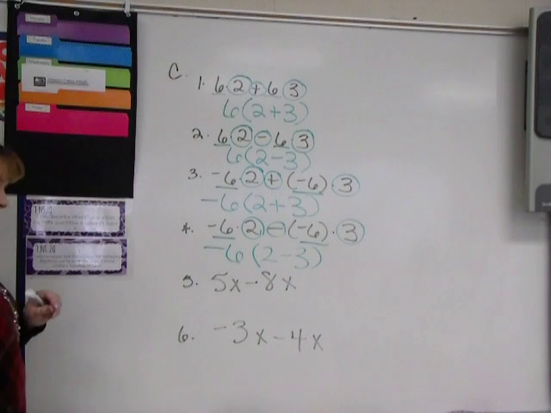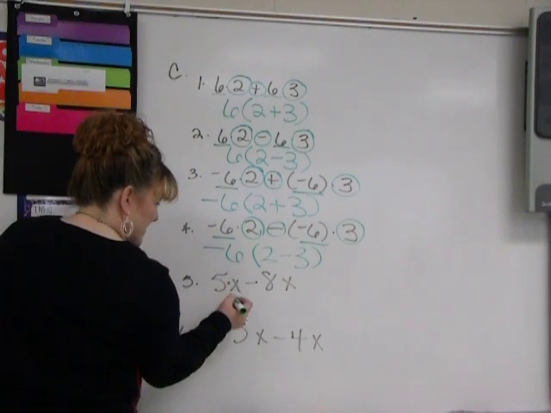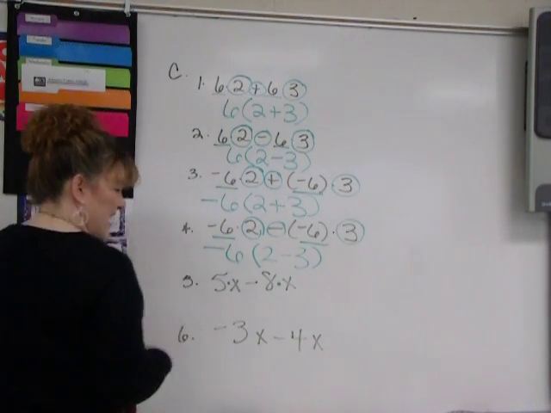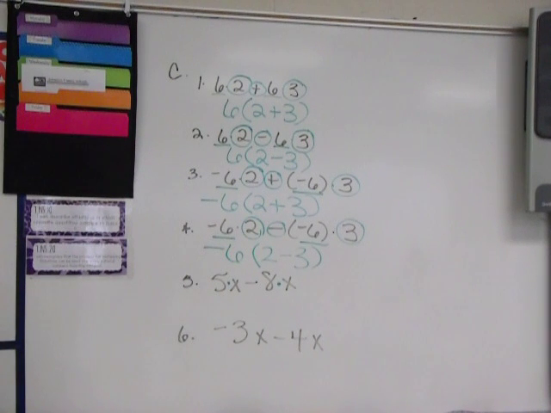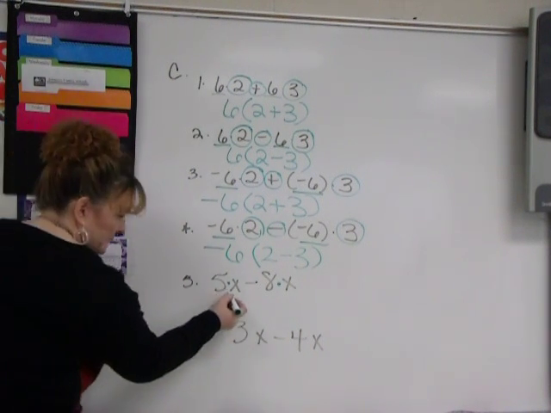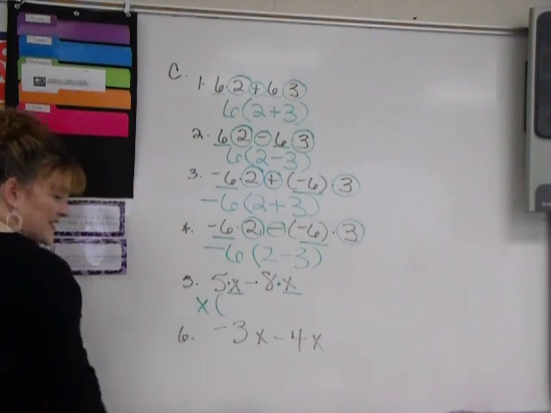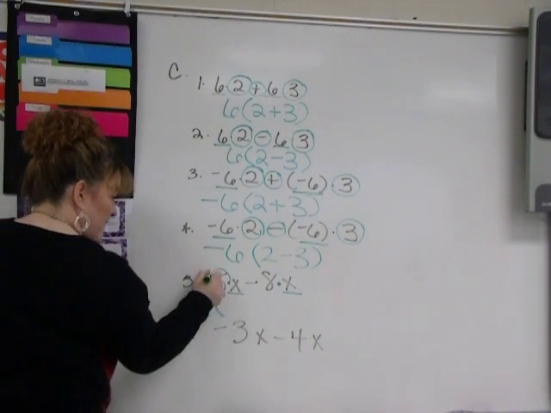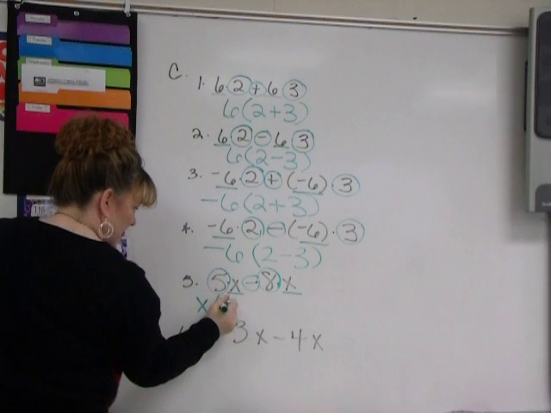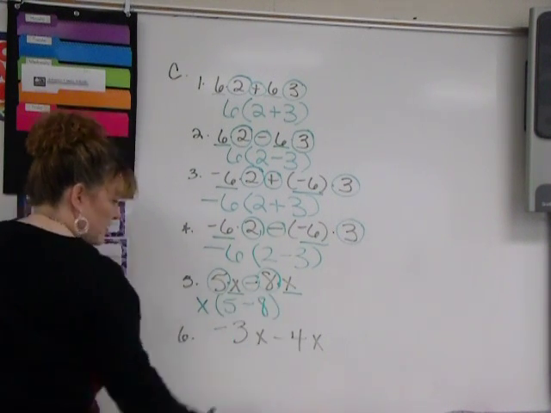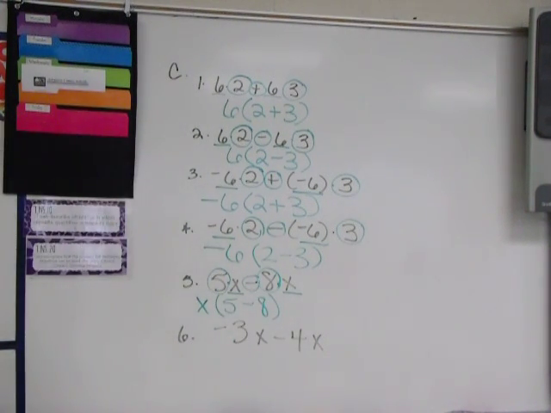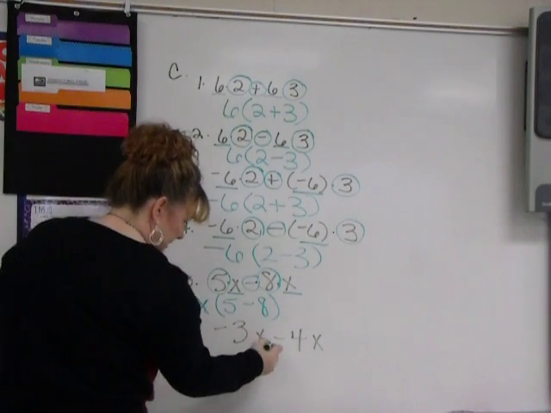Now for this one you have to look at it as 5 times x minus 8 times x, and what's your multiplier? X. X goes on the outside. Then 5 minus 8 on the inside. What's your multiplier for number 6?